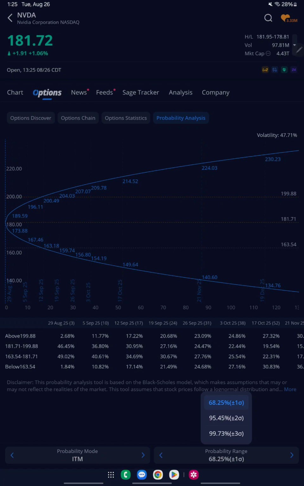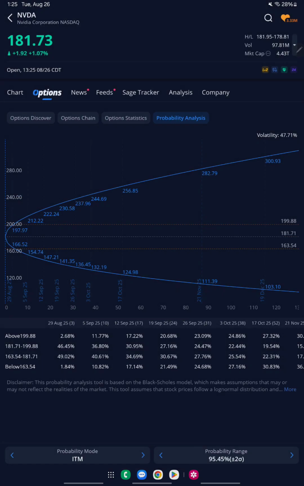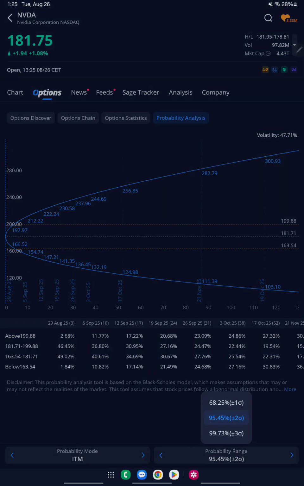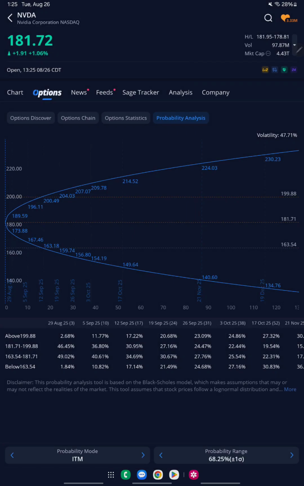There are three choices here. 95% means that there's more movement in the stock, so the shape of the curve will actually enlarge itself. With 95%, we have prices going all the way on the upper side to 300 and on the bottom to 103, compared to 68.25%, which is for normal conditions of the market.